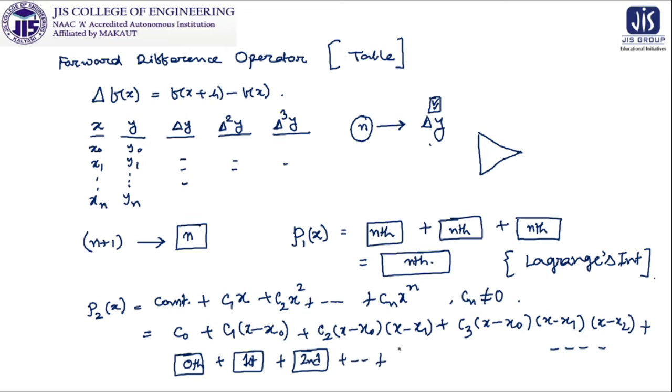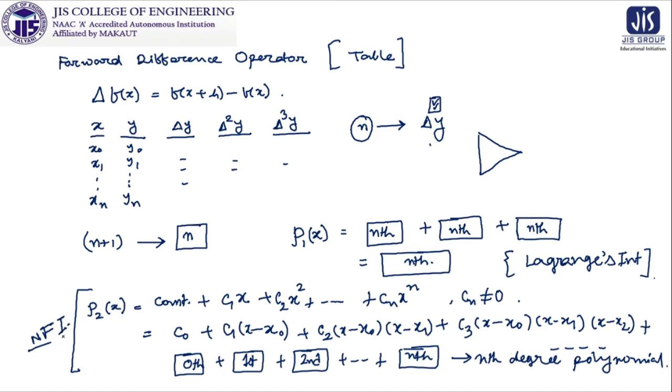In this way we go up to the nth one, and when we sum them up we are obviously going to get an nth degree polynomial. So to be precise, the second process is adopted in Newton's forward as well as in backward interpolation formula. It is nothing but one clue to you, where you can think about what process we are adopting, what fundamental polynomial we are assuming by which we are constructing Newton's forward interpolation formula.